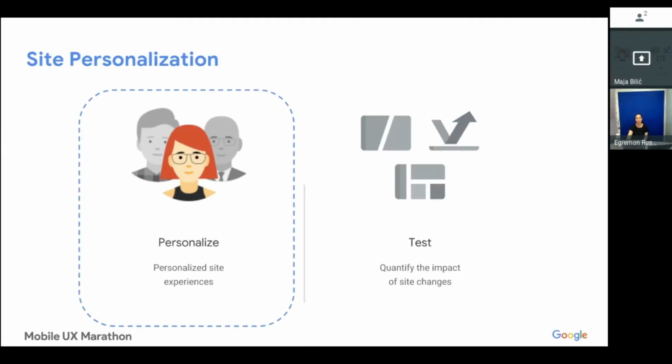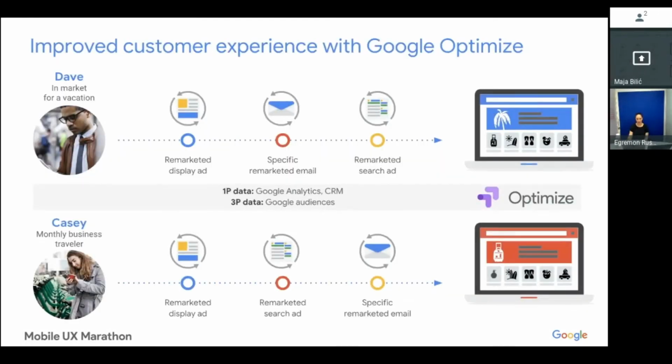Let's see how Google Optimize enables you to do site personalization. Here we can see user journeys. With Google Optimize, you can improve customer experience by serving them personalized content. We have Dave, who's in a market for vacation.